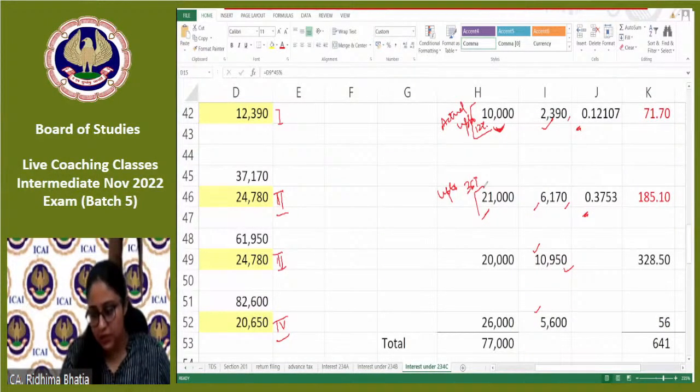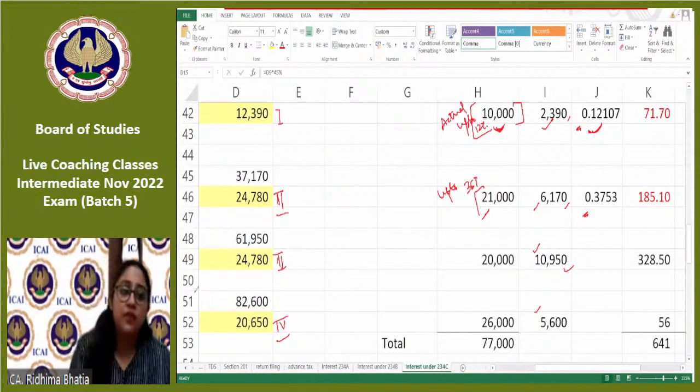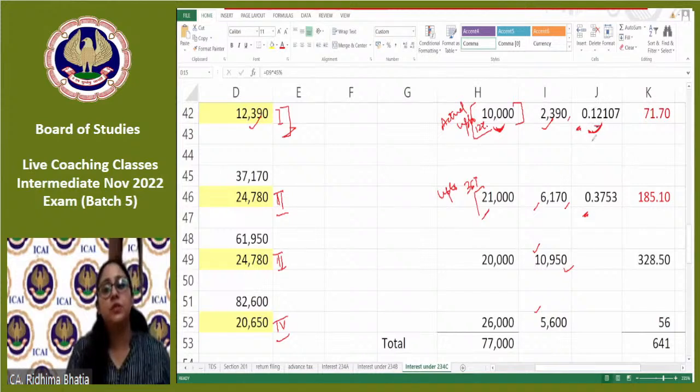So 10,000 divided by 82,600 comes to 12.107%. That means this 10,000 is more than 12% of 82,600. Even if it is not 15%, which should have been the scenario, it is at least 12% of the tax due.